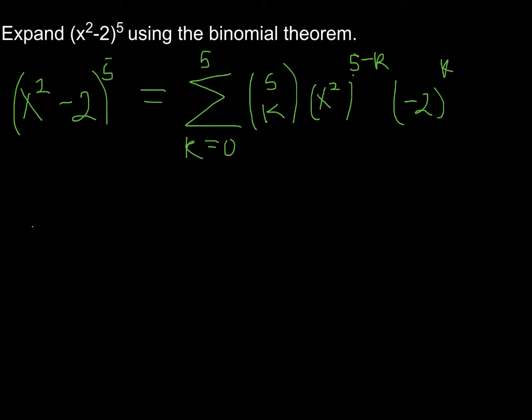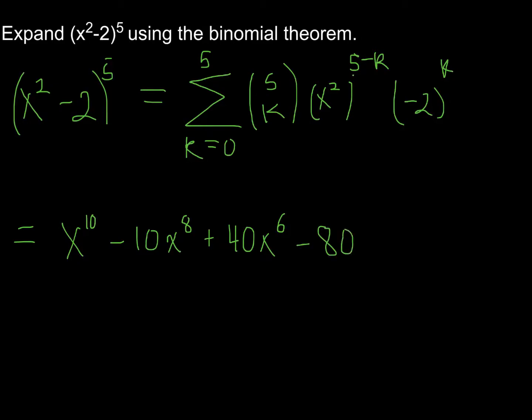All right, and when you expand that out, that is all going to equal x to the 10th minus 10x to the 8th plus 40x to the 6th minus 80x to the 4th plus 80x squared minus 32.